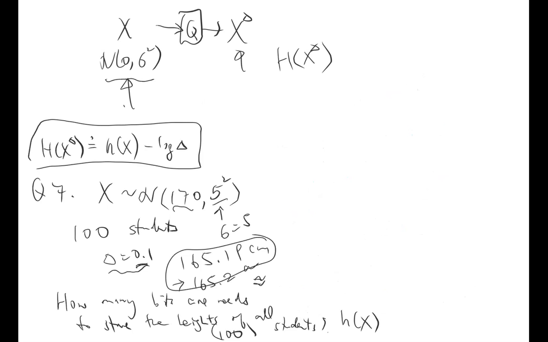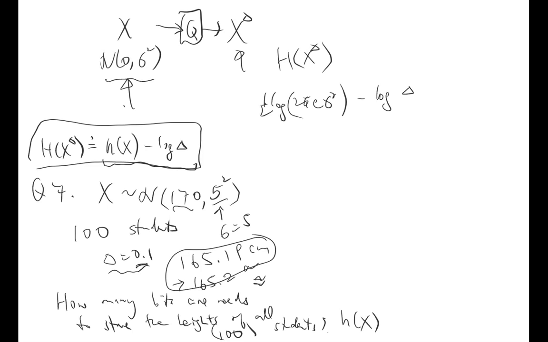It's actually quite simple. So I have the per student entropy, which is just equal to that. So it'd be hx is equal to 1/2 log 2 pi e sigma square, something like that, and minus log delta, that's in terms of bits.